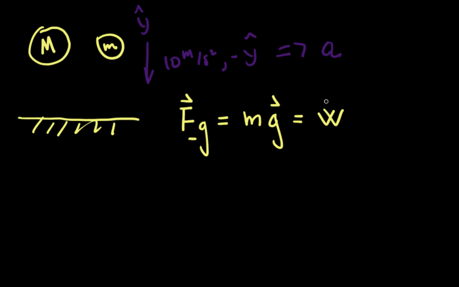It is called the weight of an object. So the weight is the mass of an object multiplied by the acceleration of gravity, and that's also called in physics the gravitational force. In this case, it's a gravitational force at the surface of the Earth. There is a more general version of this that we will not see in this class.